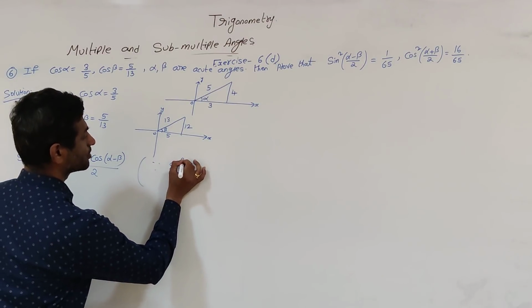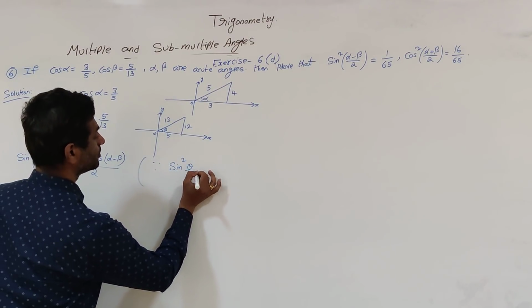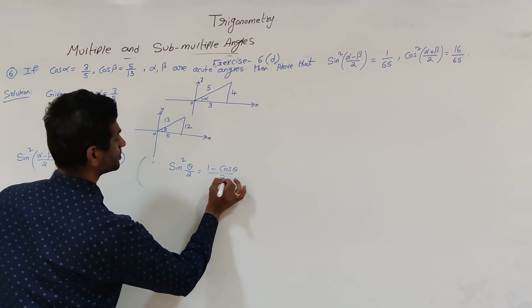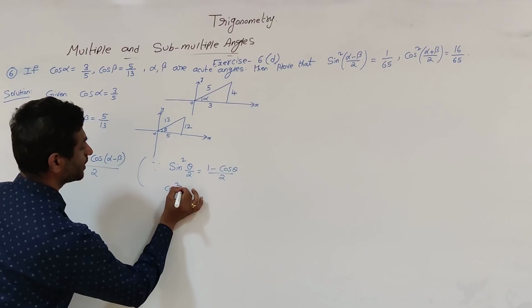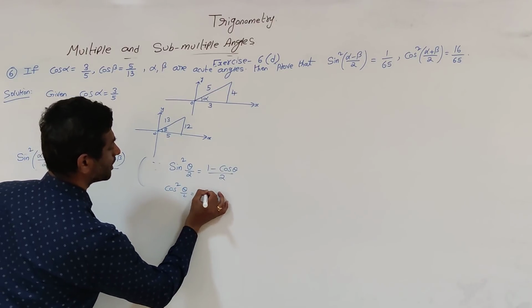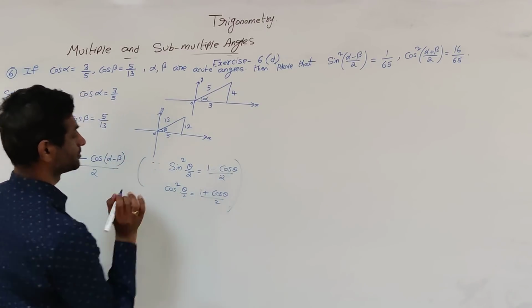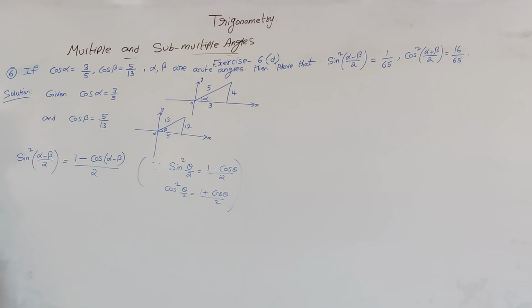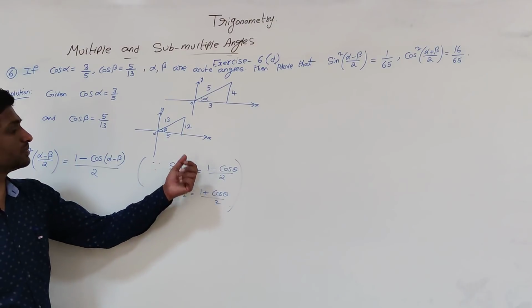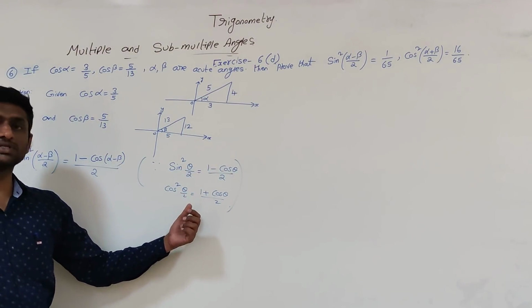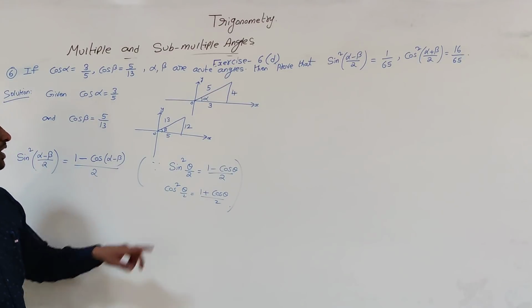We have a formula, sine square theta by 2 is (1 minus cos theta) by 2, and cos square theta by 2 will be (1 plus cos theta) by 2. These are the half angle formulas. Sin theta by 2 is plus or minus under root of (1 minus cos theta) by 2, cos theta by 2 will be plus or minus under root of (1 plus cos theta) by 2. But what is theta here?